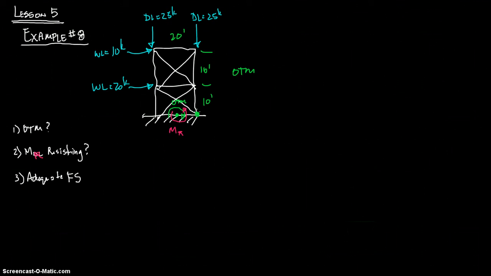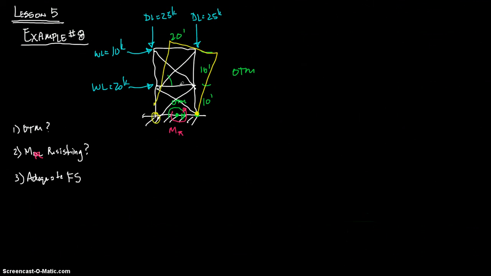What I like to do is sum it about this point right here. The reason is, as an overturning moment, let me switch colors to make it clear. We'll make it yellow. At what point do I need to sum this moment where it would pick up? If I pinned it right here and pushed it over here, it's going to want to pick up at this point right here.